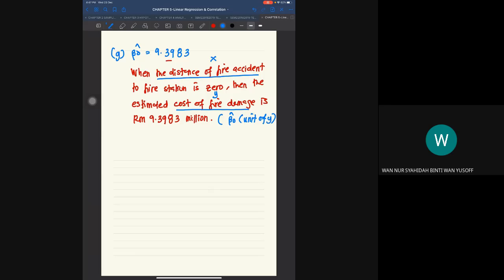Okay. So beta 1 cap is 5.1817. Okay, so slope, it is about how much y changes when x changes. So that's what you need to write lah.